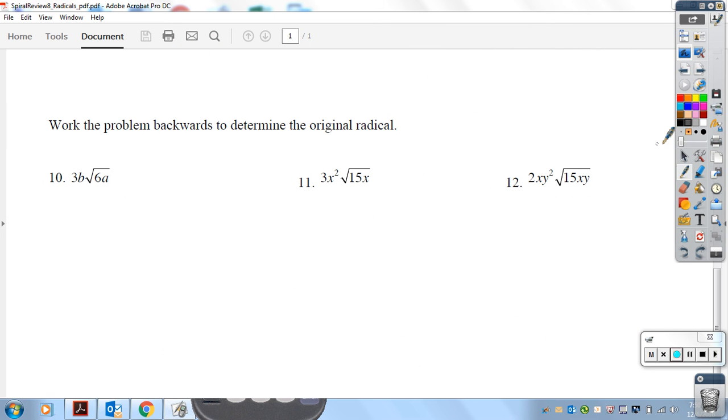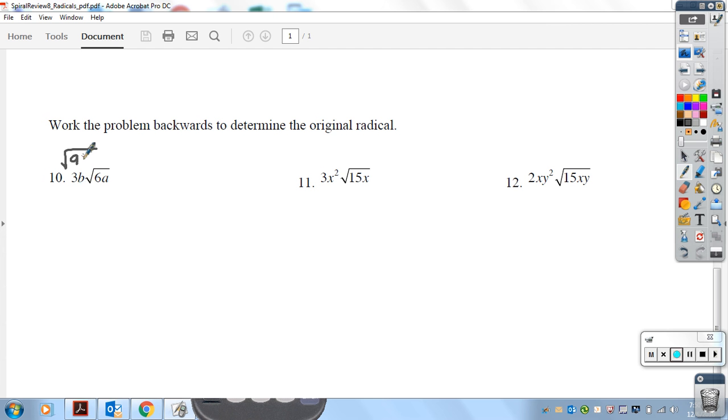Twisting it up a little bit on the last ones, asking us to write the problem backwards to determine what the original was. So we want to find the full radical. If I simplify it to be 3b, that means the question is, what was it before I turned it to 3b? Well, I know that the only way to get 3 must have been that it was a 9, because the square root of 9 is 3.